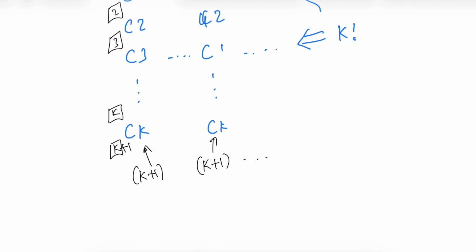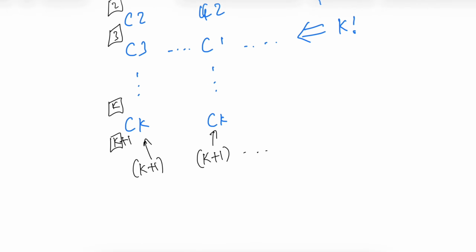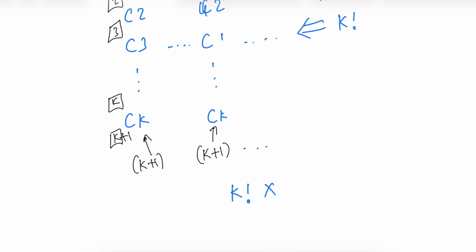So if you add them all, because there are already k factorial ways they could stand in the line, when the (k+1)th person comes, he'll have k factorial times (k+1) ways to stand in the line.